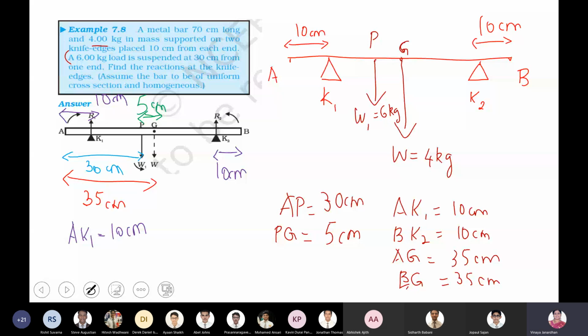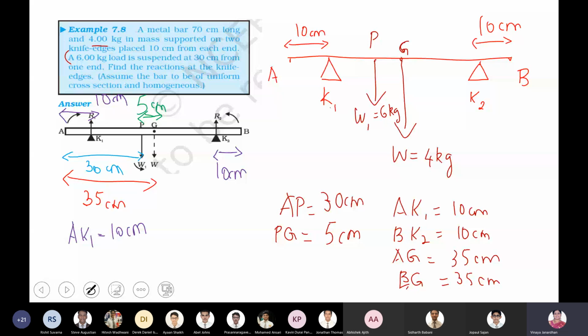Now look at this, boys. The metallic rod is exerting a force on K1 and K2 because this metallic rod is balanced on the knife edges. The metallic rod is placed on the knife edges K1 and K2, which means this metallic rod is exerting a force on K1.